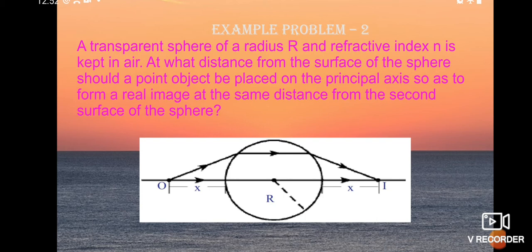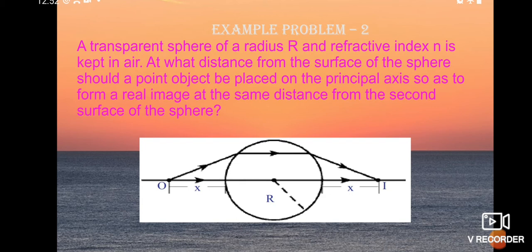So here what you have to find is at what distance from the surface of the sphere a point object should be placed. If you take it from the surface, that is, from the pole, where we have to keep a point object so that you can get an image at the same distance on the opposite side.